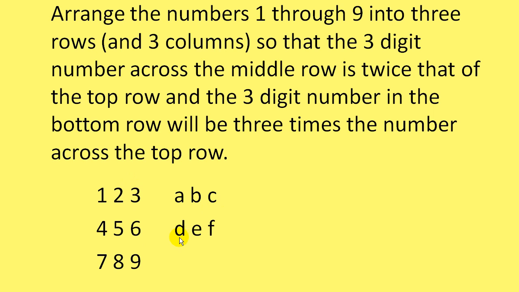And then the same thing with the second row, we created more variables, D, E, F, and of course for the last row, G, H, I. And then we did a series of nested for loops for each one of these variables to go through the combinations for 1 through 9 for each of the positions, and then did a series of tests to see if it met the conditions up here, that we are using the 1 through 9, non-repeating, and that the second row is twice the first row and the third row is 3 times the top row.